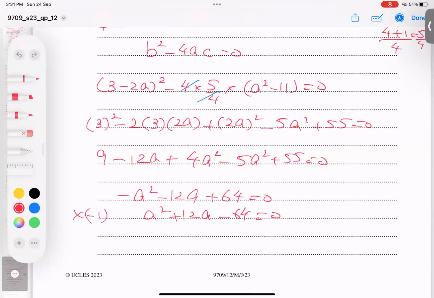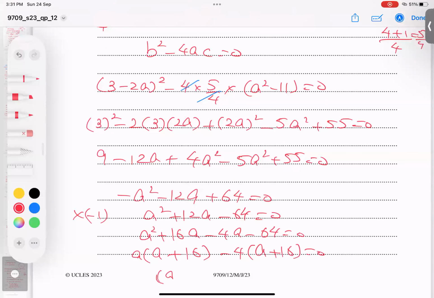So 16 and 4 make 64, or you can apply the quadratic formula if you're having issues.